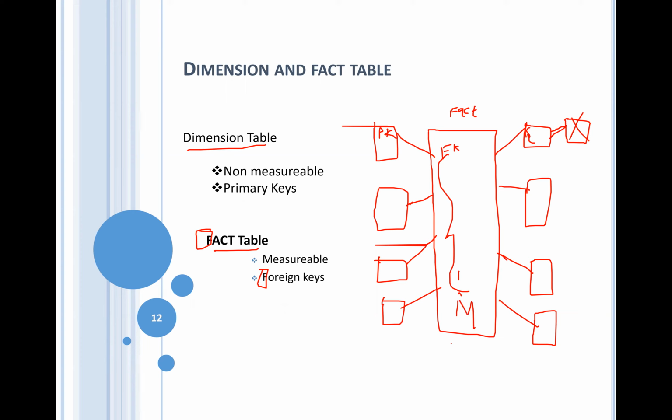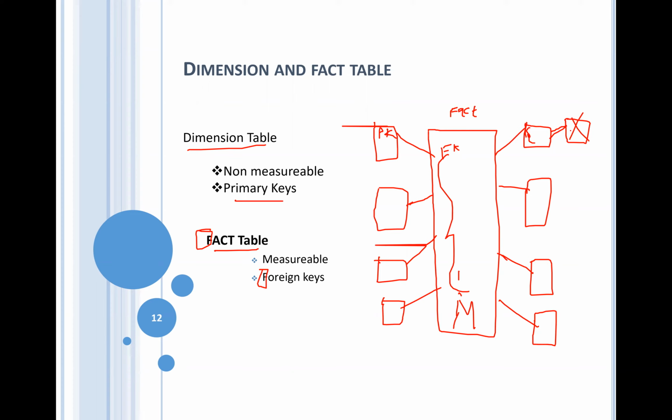All the keys from the dimension tables, and it will have the measures here. Clear? Whichever table has a primary key, we call it a dimension table. It will have only attributes, it will not have any measures. If a dimension table has any foreign keys, that means it is in the snowflake schema.